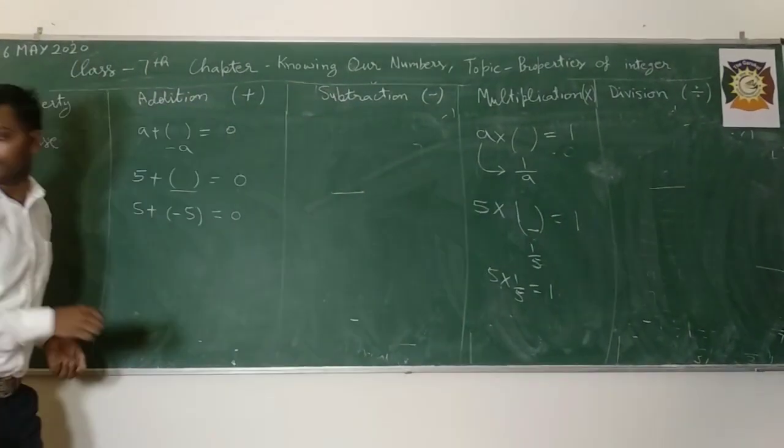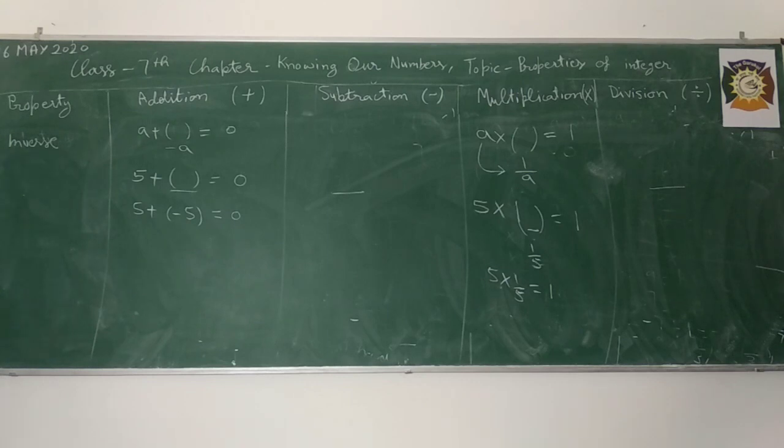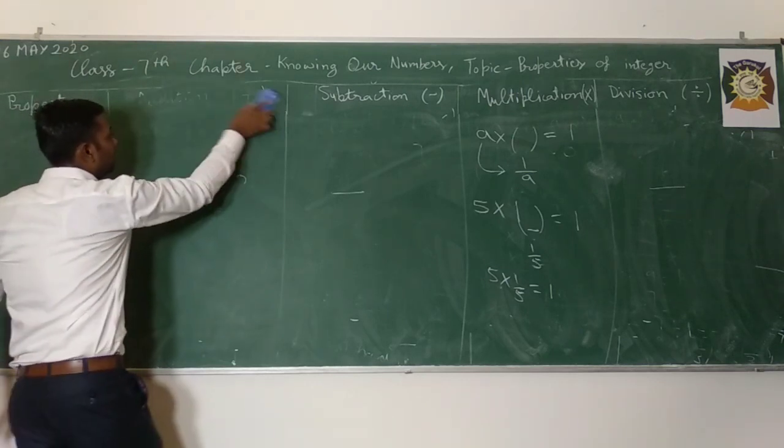And the last property is distributive, which only exists in multiplication.